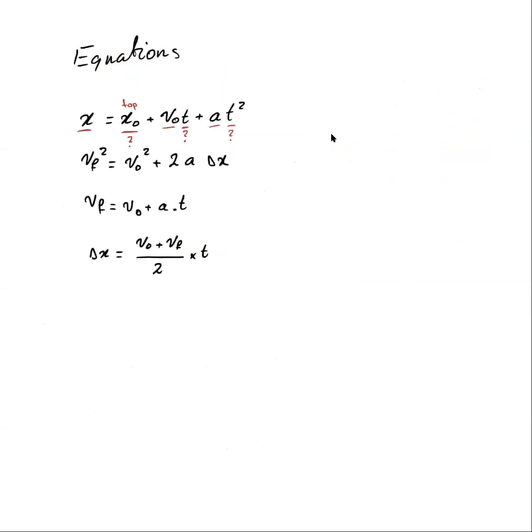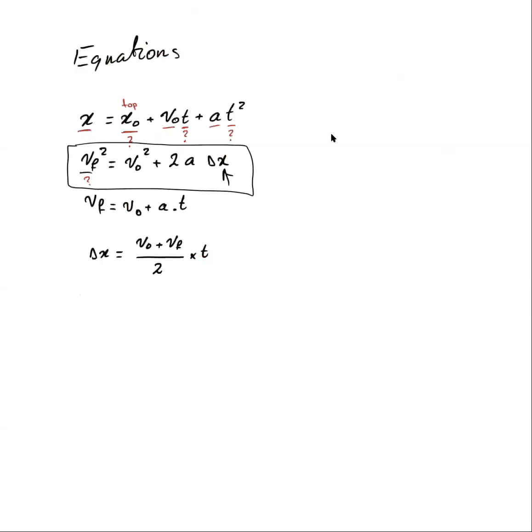Which one is it? This one. So we will know this number right here in this equation. We can use it to calculate the final velocity, which is unknown. And from that, we can calculate the time.